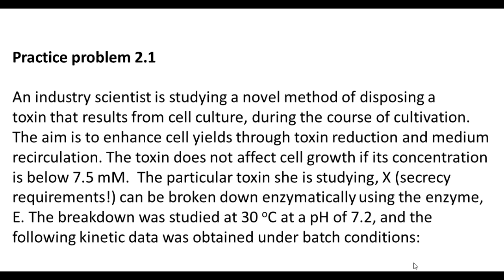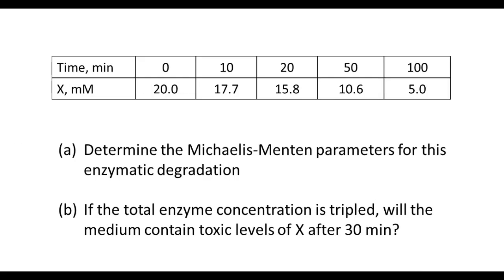The toxin does not affect cell growth if its concentration is below 7.5 millimolar. The particular toxin that she is studying, X, can be broken down enzymatically using the enzyme E. The breakdown was studied at 30 degrees C at a pH of 7.2, and the following kinetic data was obtained under batch conditions. The variation of X with time was given.